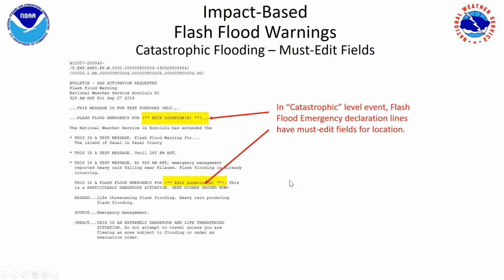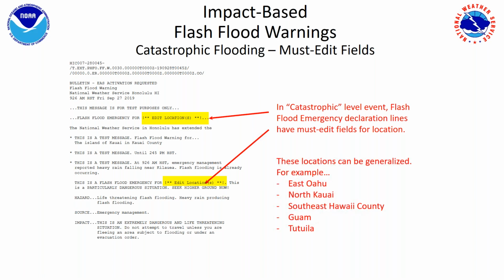So in terms of the formatting, a couple of things. For the flash flood emergency portion, you need to add a location in there. You don't want to be too specific on it. For you folks, you could just add in the island. For instance, Tutuila is where the significant flooding would be.